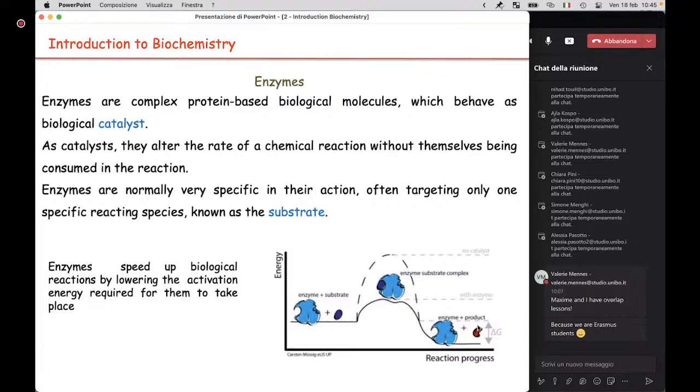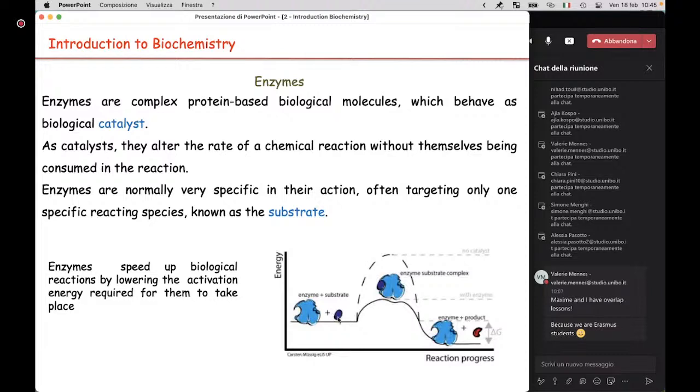So the specific function of enzymes is to lower this barrier. Here you can see what happens when enzymes are involved. You have a much lower level of energy to give to the compounds in order to have the products. And so the reaction is much easier to happen, it's much faster.